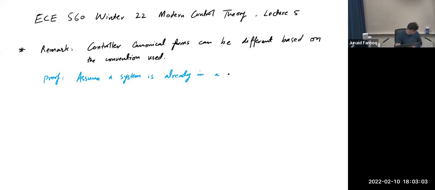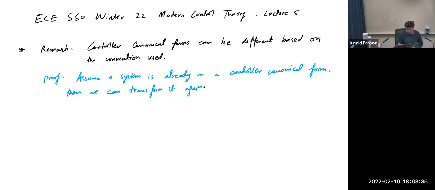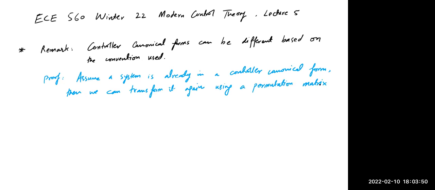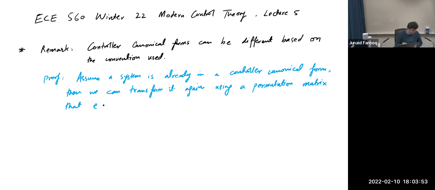We can transform it into a new system, and one simple transformation can use an exchange matrix, where the rows can be exchanged, using a permutation matrix that exchanges rows or columns.